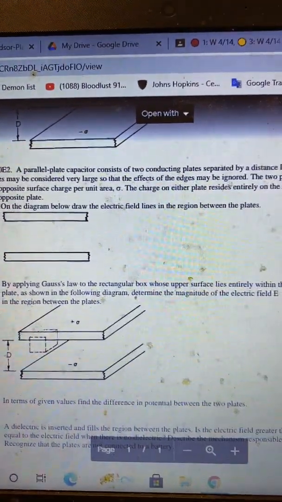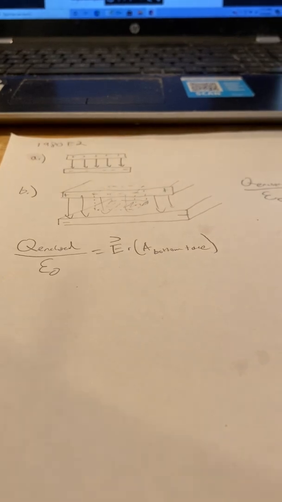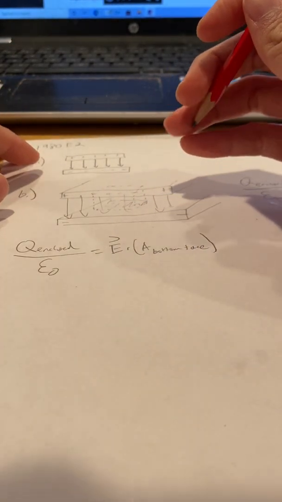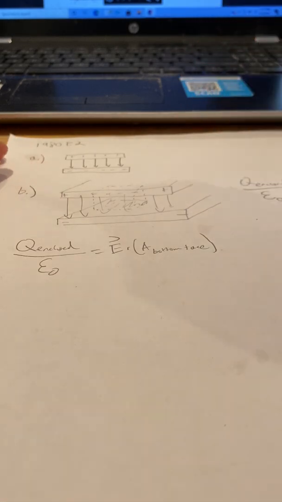I forget the exact name of that Greek symbol, but it's that. So we got the charge density is that symbol, and whatever the area is.